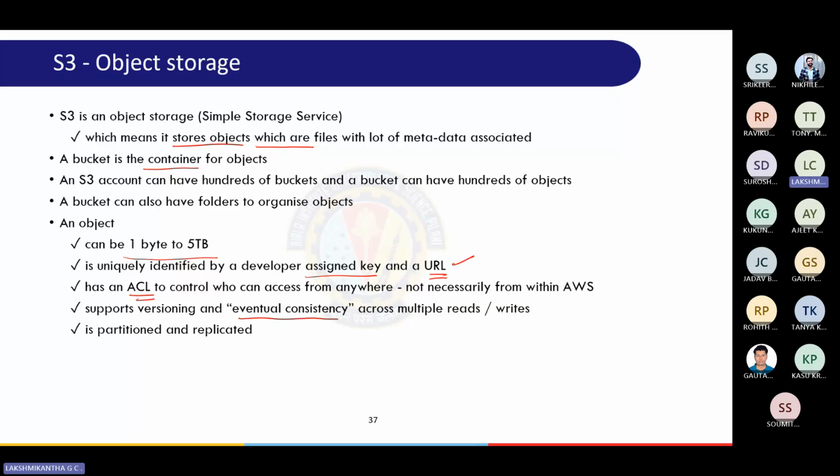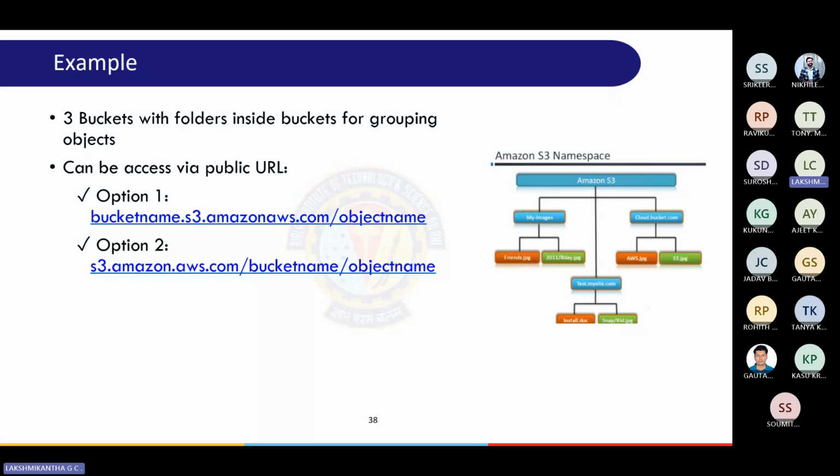Okay, so let me take one example to explain this. This is a small example I'm taking, guys. To visualize S3, imagine you have a digital file cabinet. Okay, you just take this example. The file cabinet is your S3 account, correct?